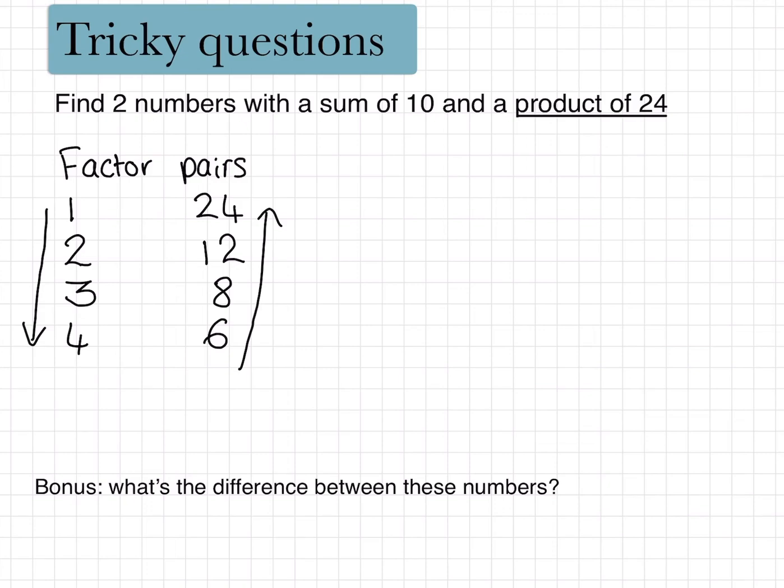Okay, excellent. Then we can look at the next part of our question. The next part, we want two numbers with a sum of 10. Do you remember what sum means? It means they have to add together to make 10. So now we can look down these factor pairs and find out which pair would add together to make 10. Can you find a pair?